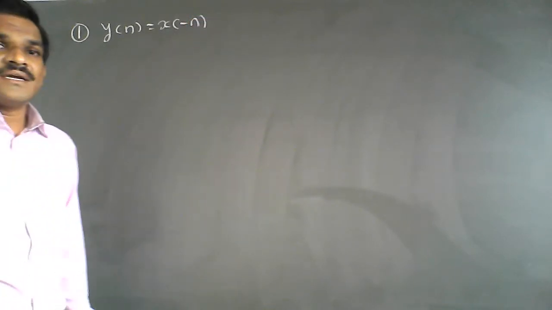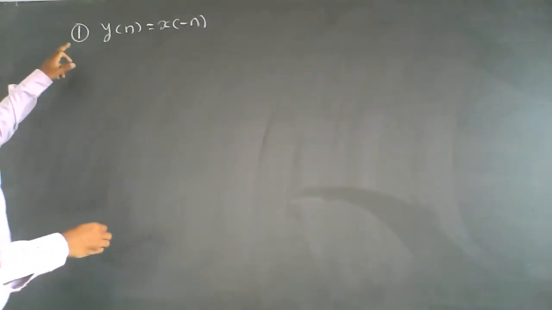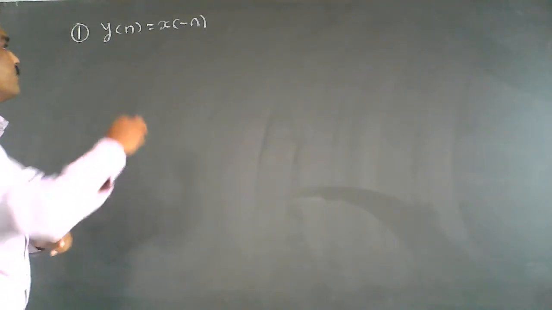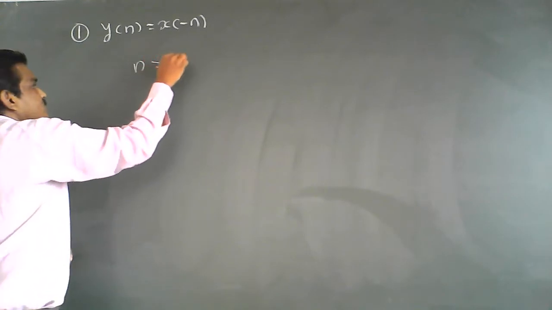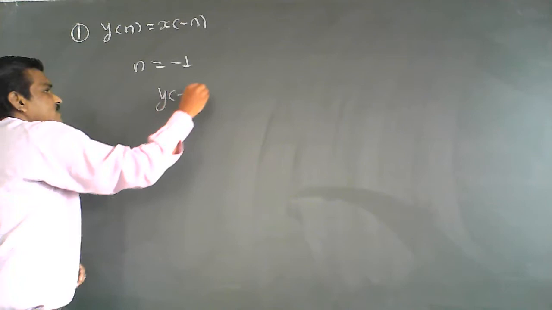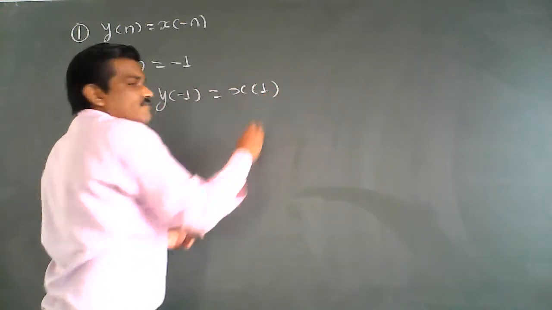Now consider the first system, y of n is equal to x of minus n. Consider the output at n equal to minus 1. Y of minus 1 is equal to x of 1.